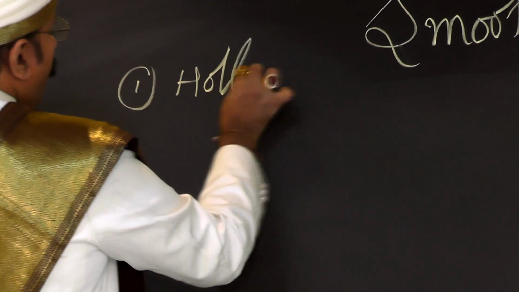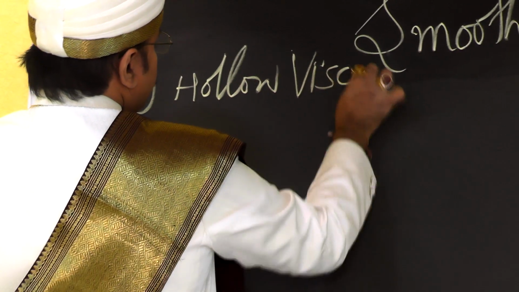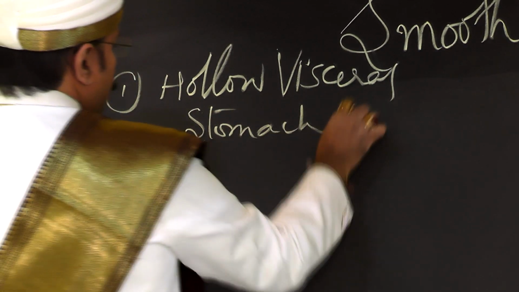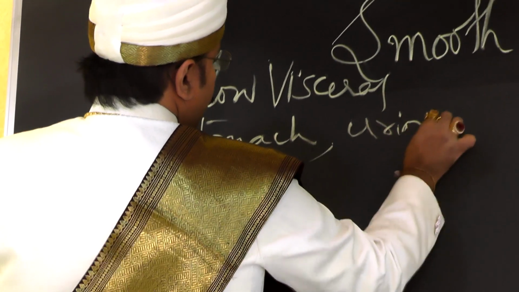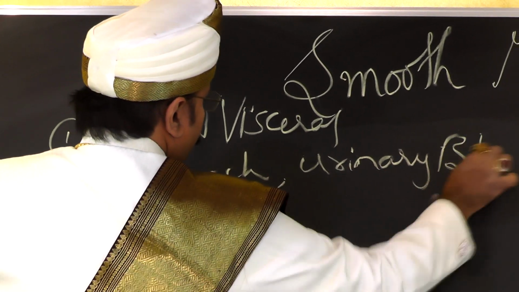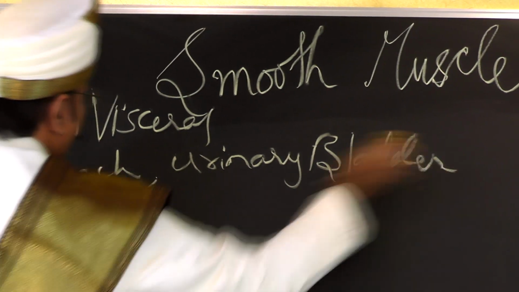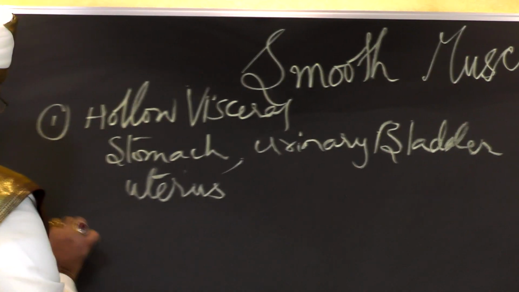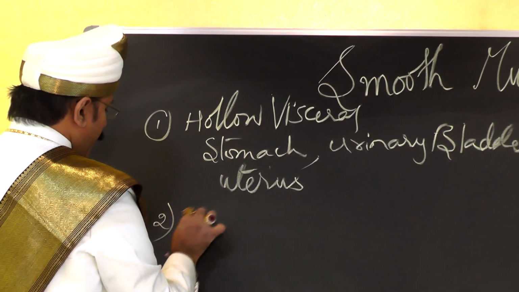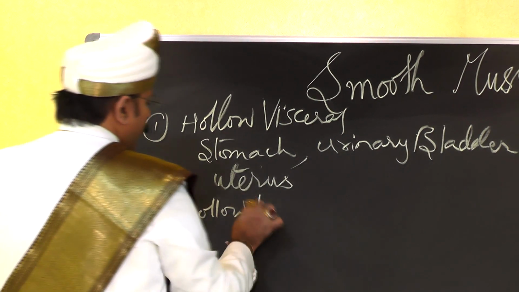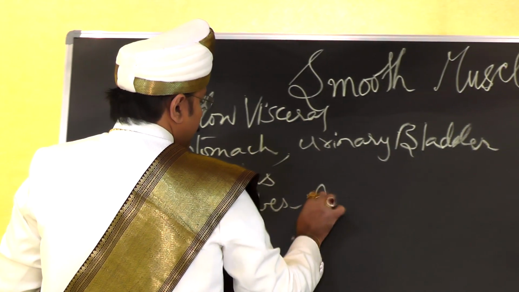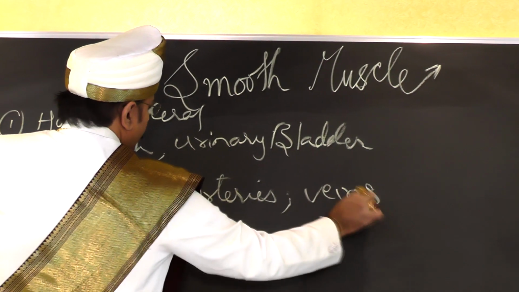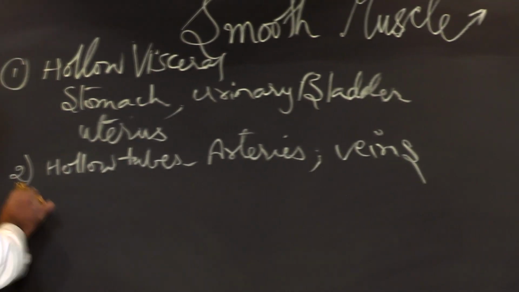When we talk about hollow visceral organs, they are the stomach, the urinary bladder, and the uterus. And if you are talking about the hollow tubes, they are the arteries and veins. These all have smooth muscles in their walls.